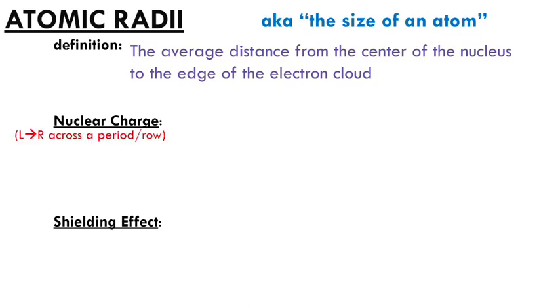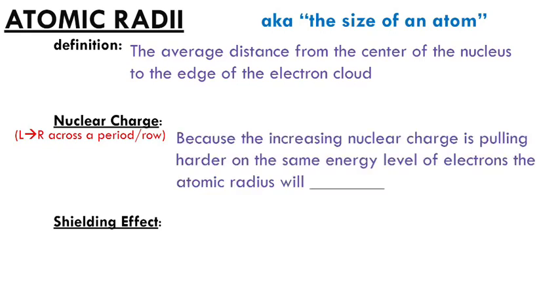So let's talk about the nuclear charge. Remember that that's increasing as we go across a row because we're adding more protons. So this is kind of the base explanation of what's going on here. Because that increasing nuclear charge is pulling harder on the same energy level of electrons and getting them pulled in closer to the nucleus, that means the atomic radius will decrease.